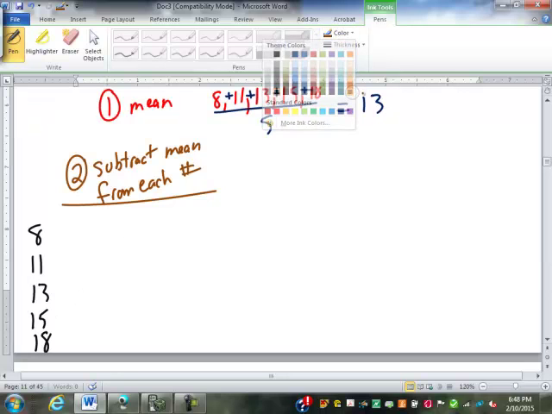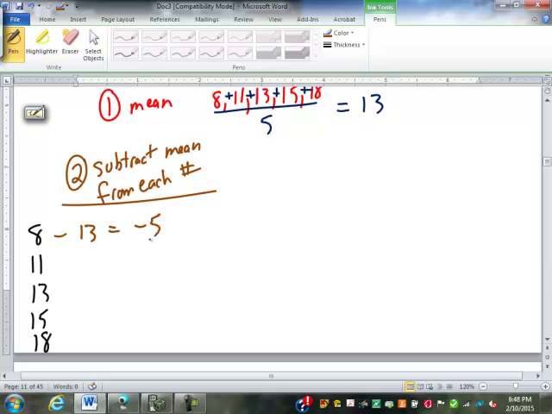I'm going to subtract my mean of 13 from each. So 8 minus 13 is negative 5. 11 minus 13 is negative 2. 13 minus 13 is 0. 15 minus 13 is 2. 18 minus 13 is 5. So all I did is subtract the mean from each of the values in the original set of numbers.